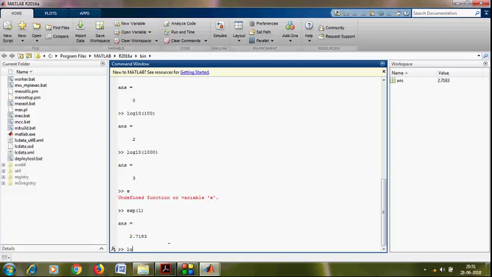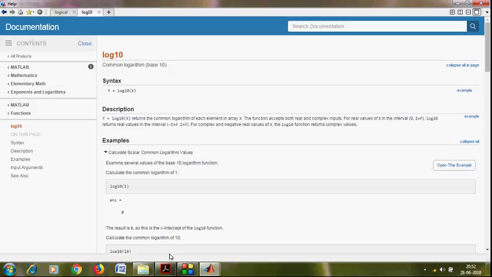So if I say log of ans, because I just defined ans as e, I should get 1. That's what I said. Log e to the base e is 1. Okay, so this is about log.